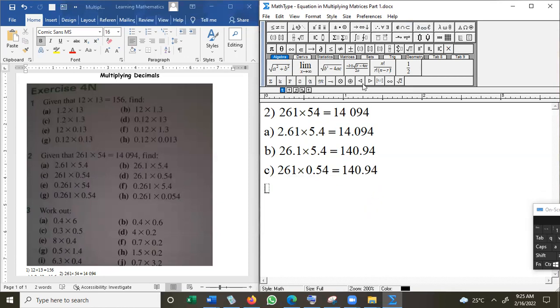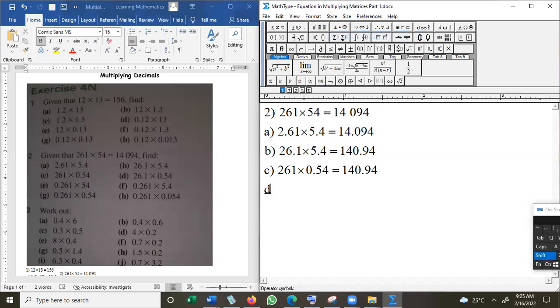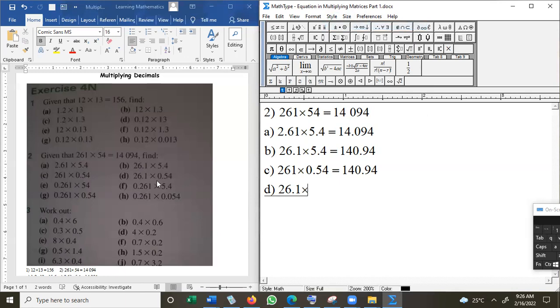And let's do D now. So write with me. D is 26.1 times 0.54 equal.